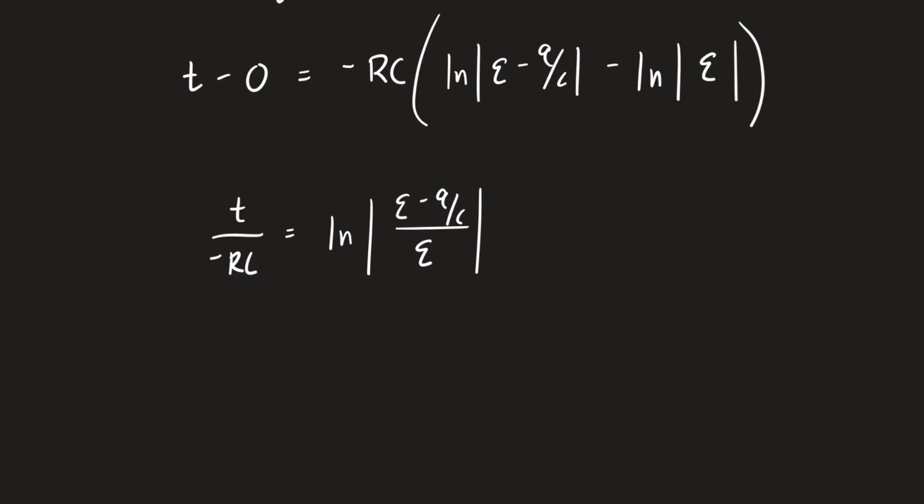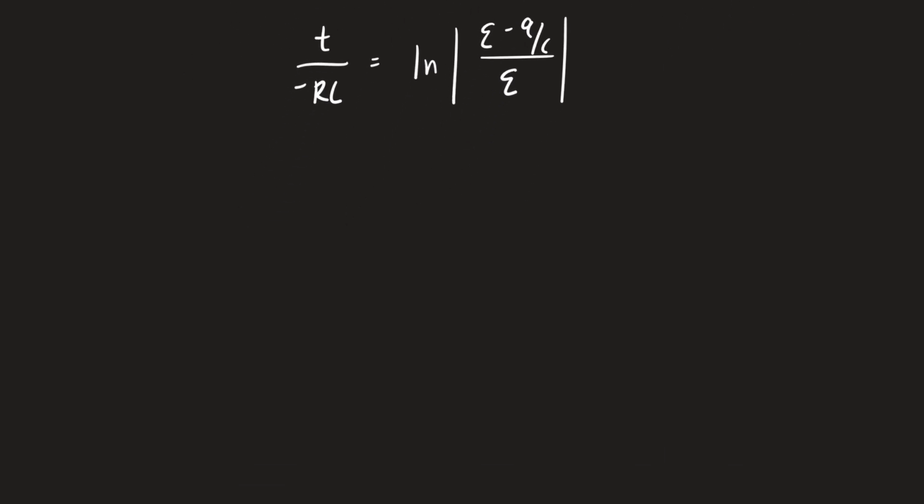That good for you guys? I can now raise both sides to a base of e. I went ahead and distributed the EMF to both terms. I want to get Q by itself, so I'm going to negotiate a little algebra.